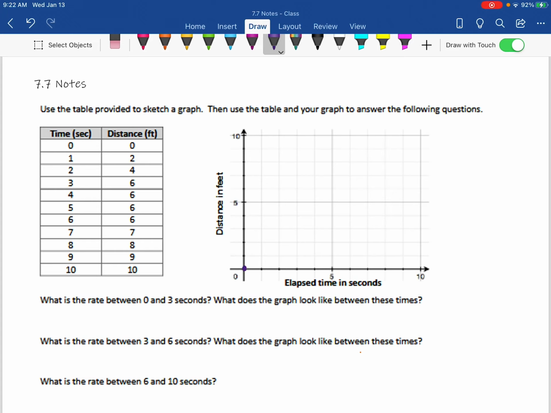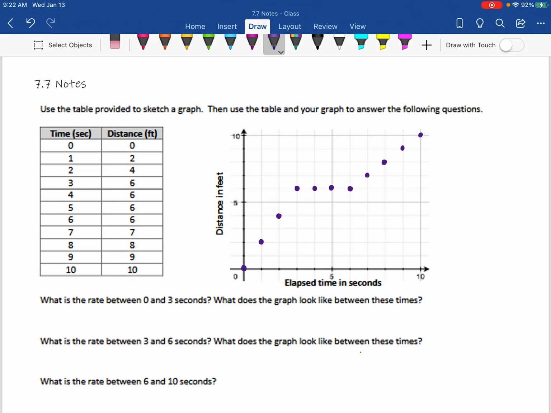So I have 0, 0, 1, 2, 2, 4, 3, 6, and then I have 4, 6, 5, 6, 6, 6, and I have 7, 7, 8, 8, 9, 9, 10, 10.